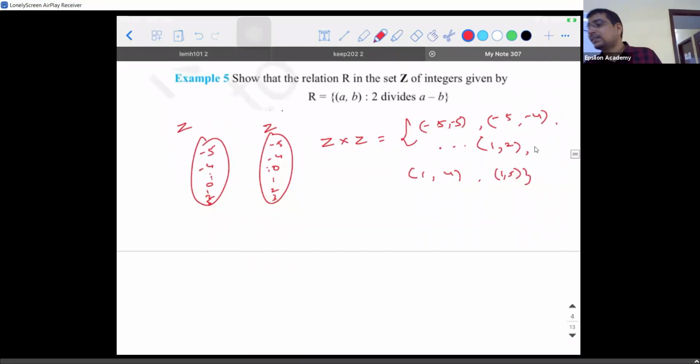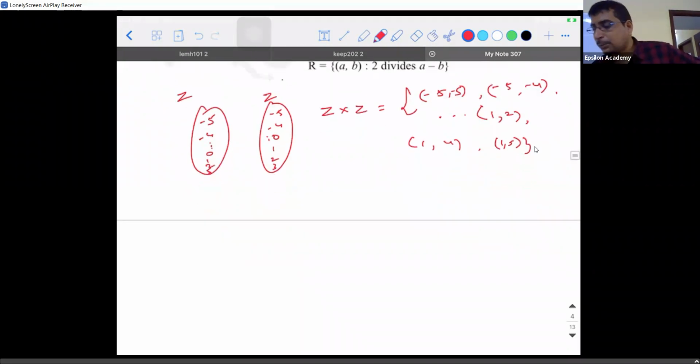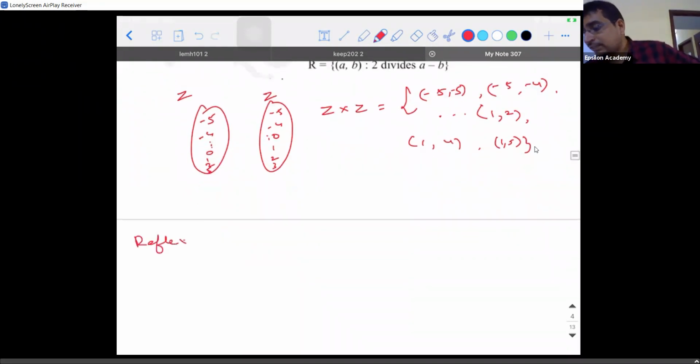They are asking us to prove that this is an equivalence relation. So what is the order in which we are supposed to go? For it to be reflexive, will it satisfy the condition of reflexive? Think logically. Minus 5 minus minus 5 is 0, and 0 is obviously divisible by 2.